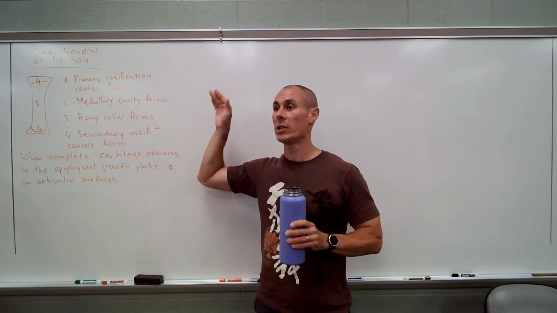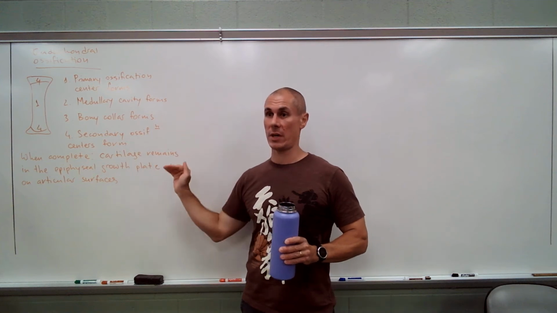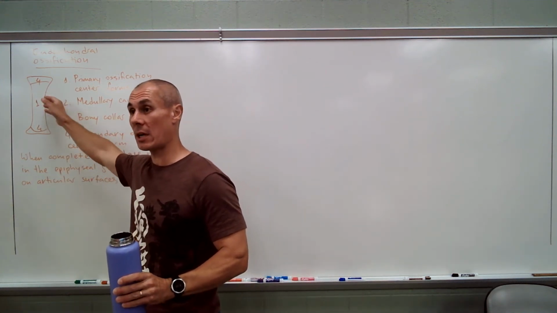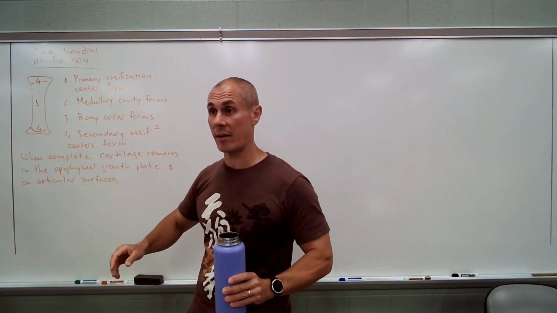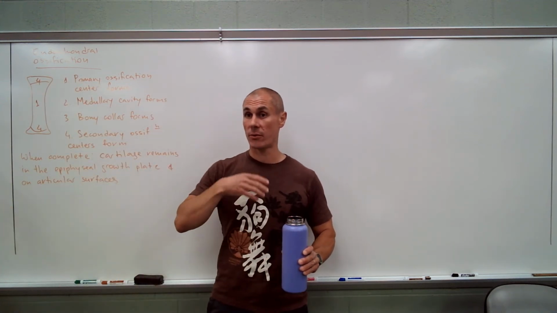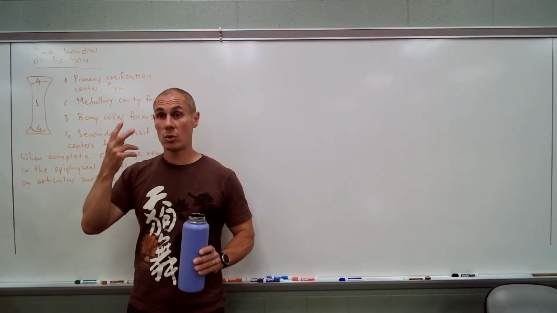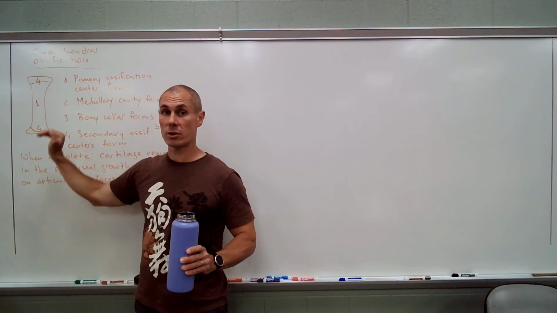This is what you need to know. I will not ask further than that. If you can tell me: the primary ossification center in the diaphysis eats away cartilage, forms the medullary cavity, forms the bony collar. Secondary ossification centers later form in the epiphysis and replace the cartilage with bone there. There are two places where the cartilage remains: the growth plate and the surface of the bone.